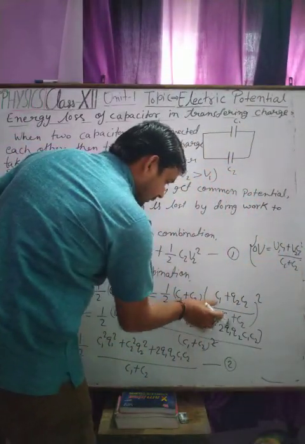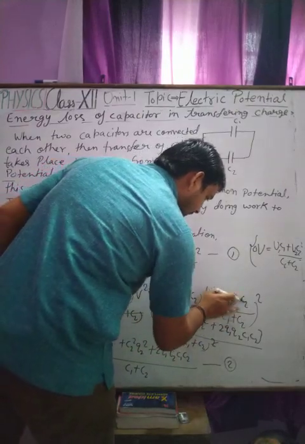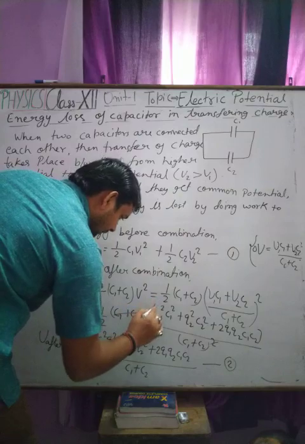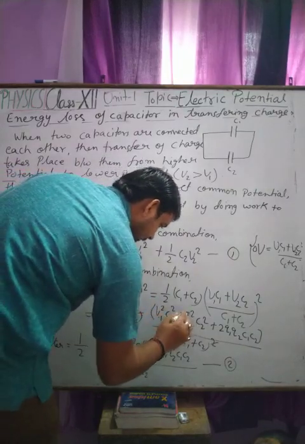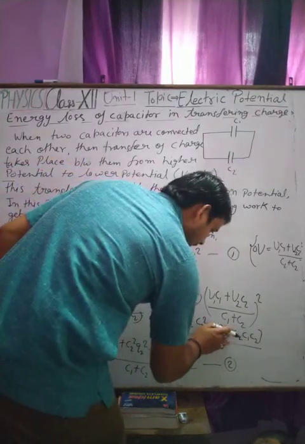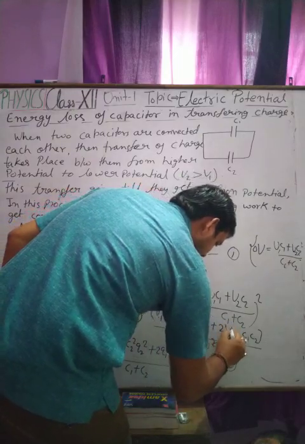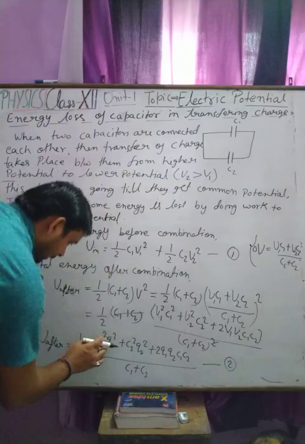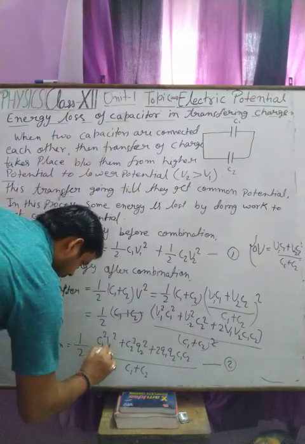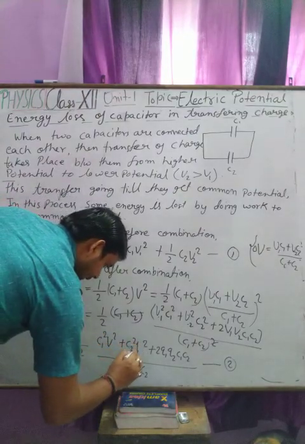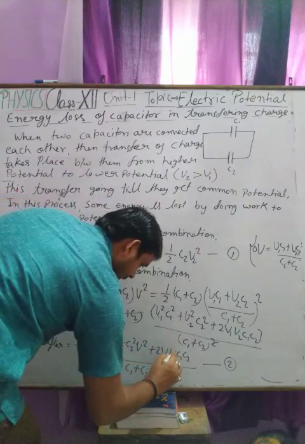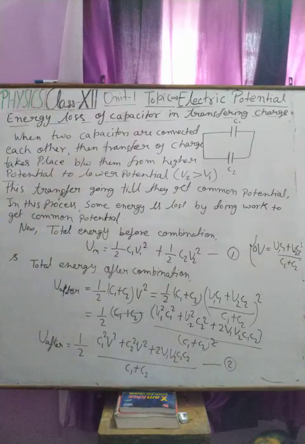So V1 V2, V1 V2, V1 V2. Now this is also V1 V2, V1 V2. Just copy it till this point.